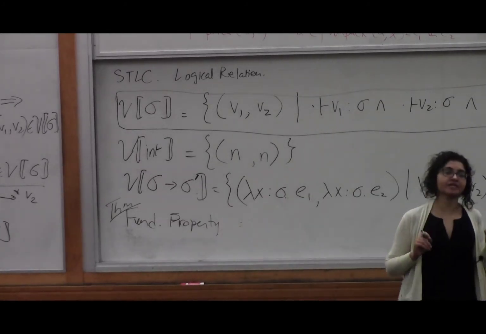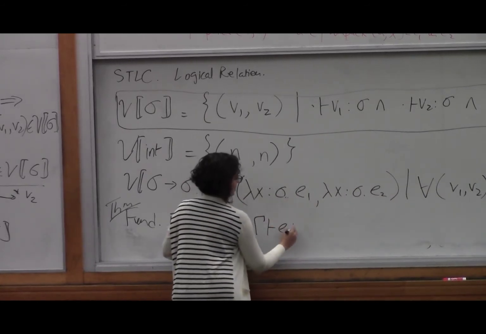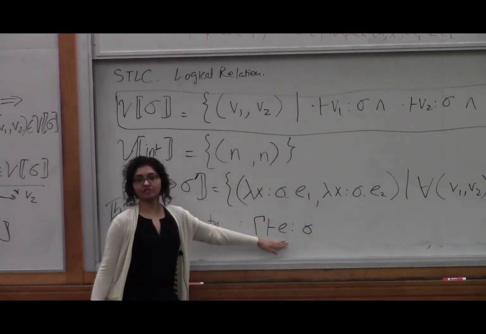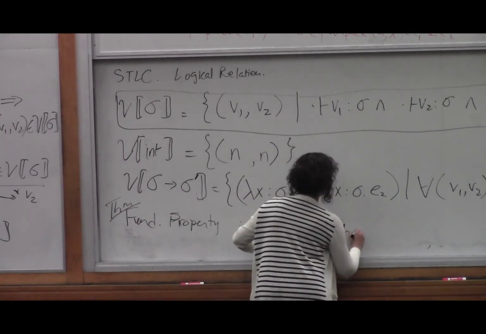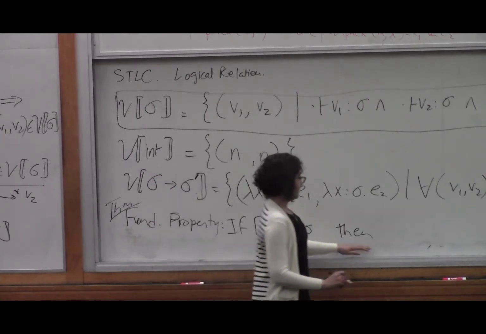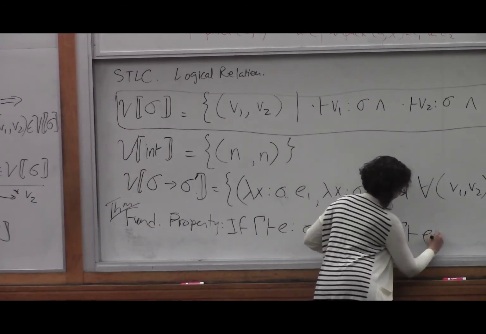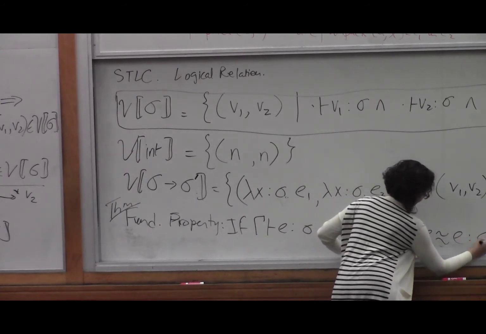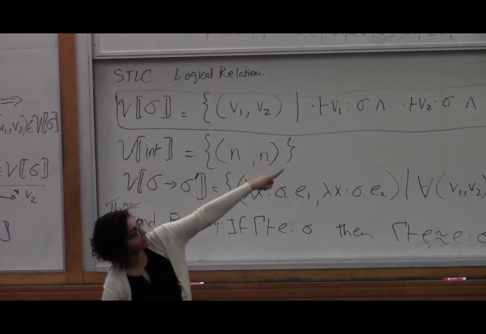But here there is something interesting. I have to prove that if I have a well-typed term, E of type sigma under gamma, then it is related to itself. Where that relation is my logical relation up there.